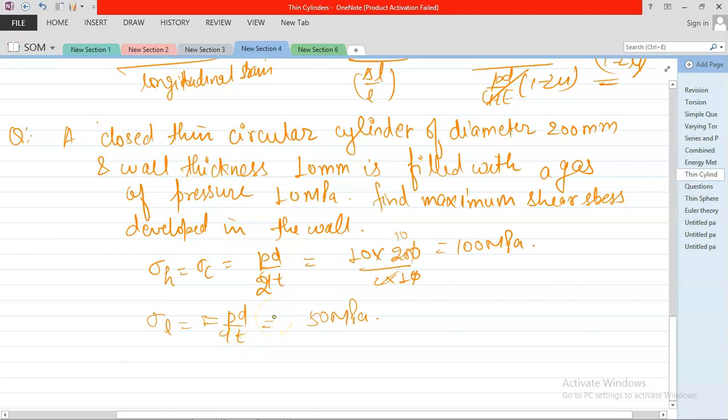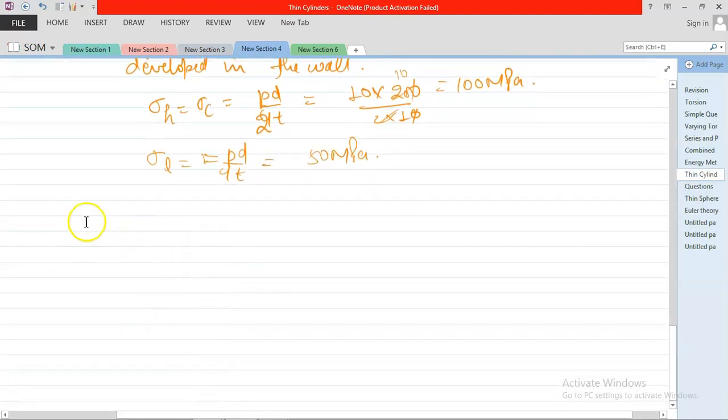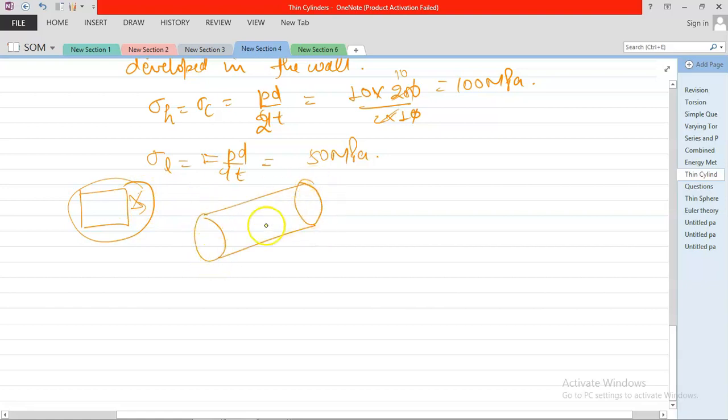So I want to say maximum shear stress. In the earlier case when we used to draw this rectangle, we considered it in 2 dimensions. But the cylinder is in 3 dimensions. So suppose this is your Mohr circle.